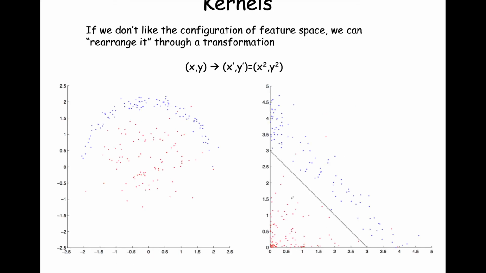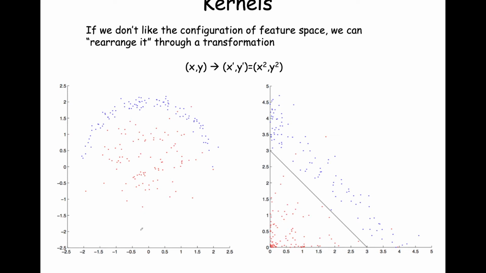So here's an example of a class of phi functions called a kernel. This phi function takes as its input what we have here on the left-hand side of the screen, a 2-dimensional feature space. What you'll notice here is we have 2 categories of points. We have the red points that are more in the middle.